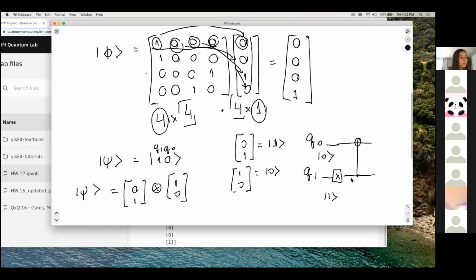So we know we flipped this in the end. Q0 became 1, 1. And that's the state we saw in the last homework section. Let's see if I'm not saying anything wrong.